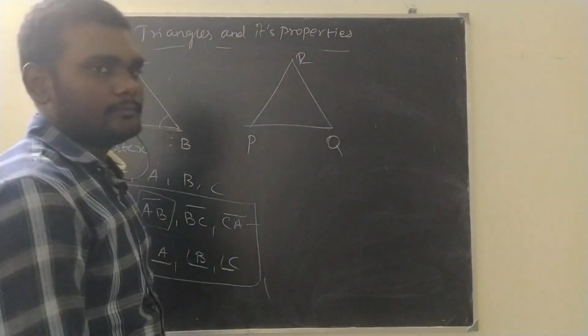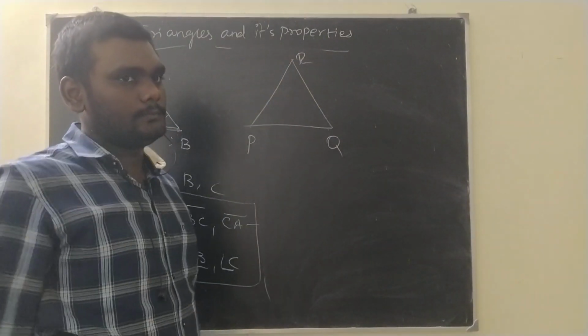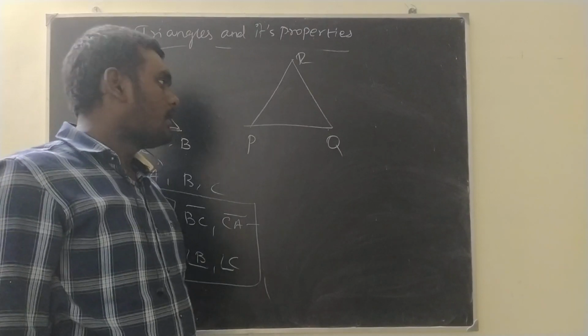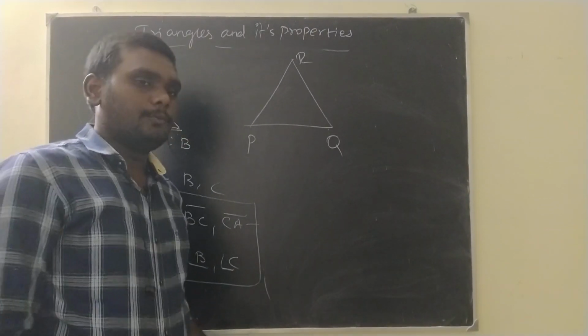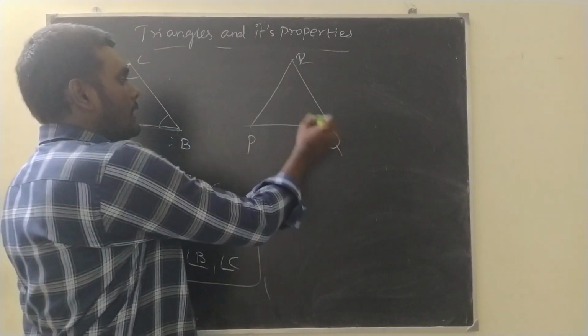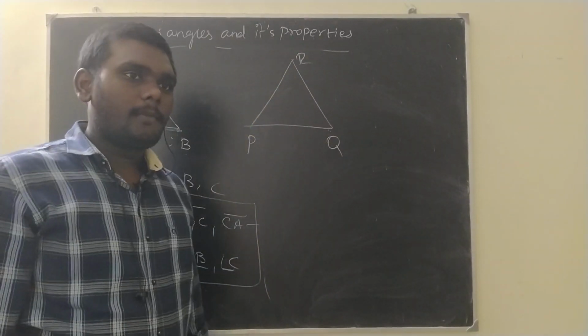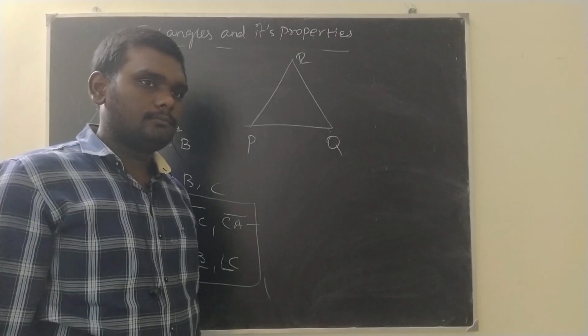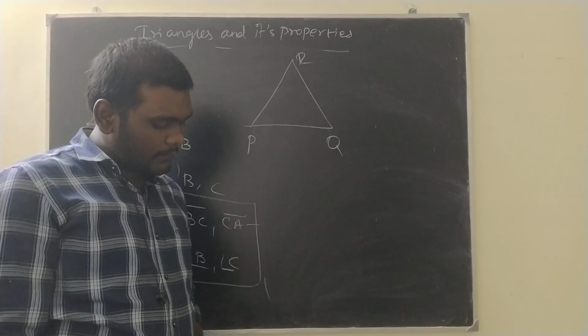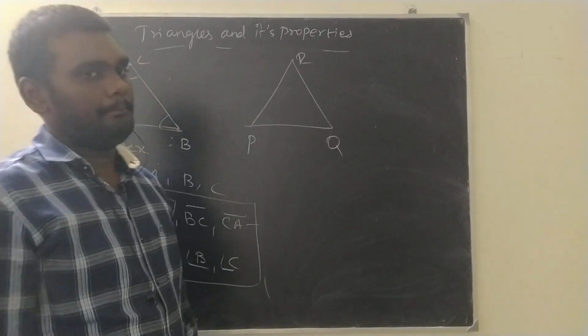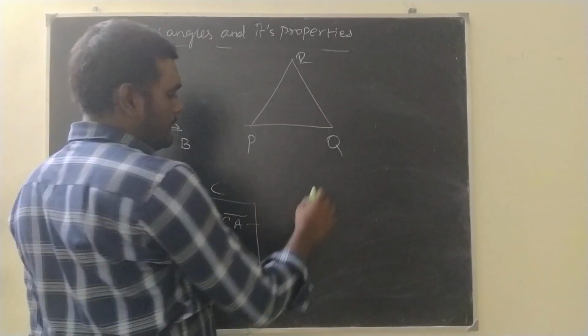How did I name it? Anti-clockwise. Okay. So what they asked for is the side opposite to the vertex Q. Opposite to the vertex Q is PR. That is all.